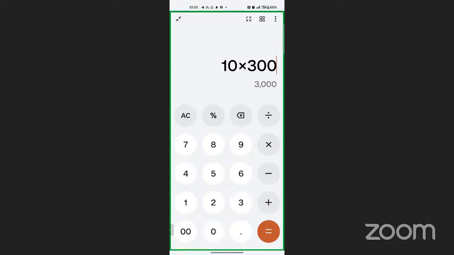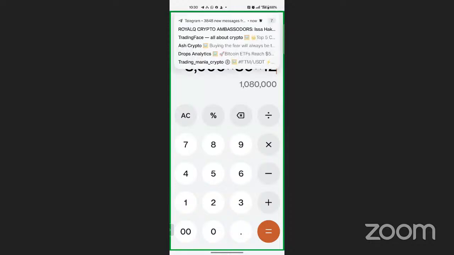That is 300 times 10, which is $3,000. Very conservative, like I'm going to share with you. So I make $3,000 a day, and this happens for 30 days. That is $90,000 in a month, and this will go for 12 months. It means every year I make $1 million comfortably.